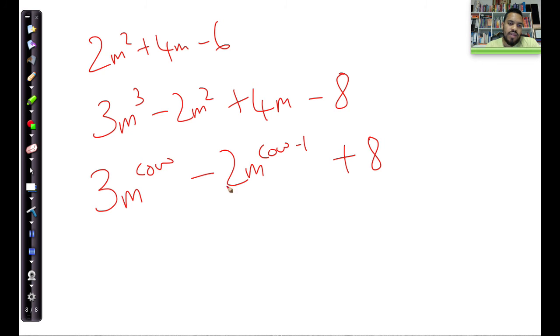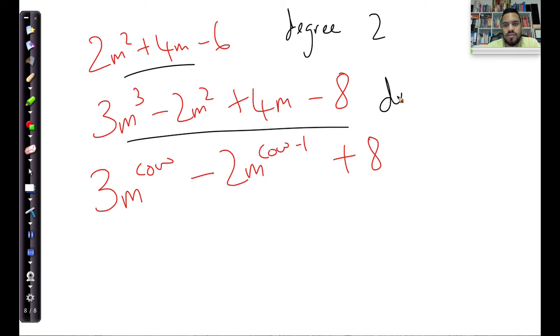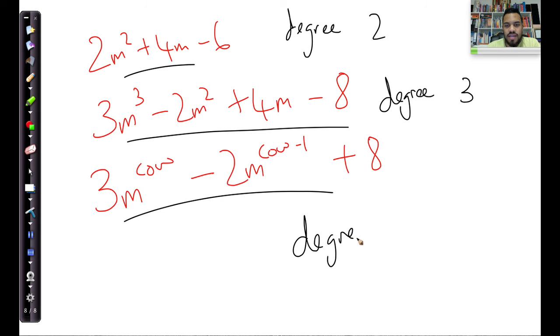Right. Okay, so let's talk about the degree. The degree is basically the power of the leading exponent. So the degree of this polynomial is of degree 2. This polynomial over here is of degree 3. And this polynomial over here is of degree n.